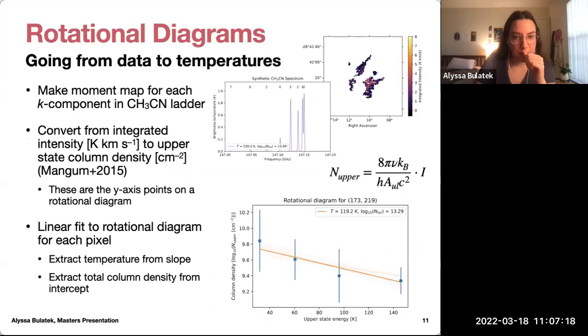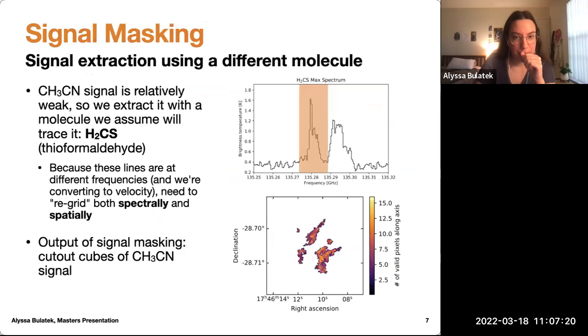So for these methylcyanide lines, maybe we can just do a by eye estimate. If I can remember one of the noise values that I got, maybe the noise is 0.3 Kelvin. And the signal, say for this thioformaldehyde line, is 16. Let's say 18 because it's divisible by 3.